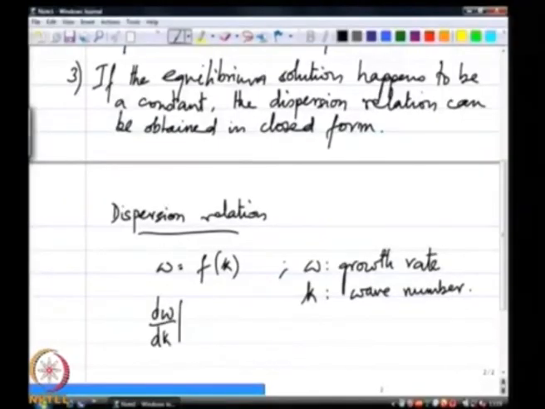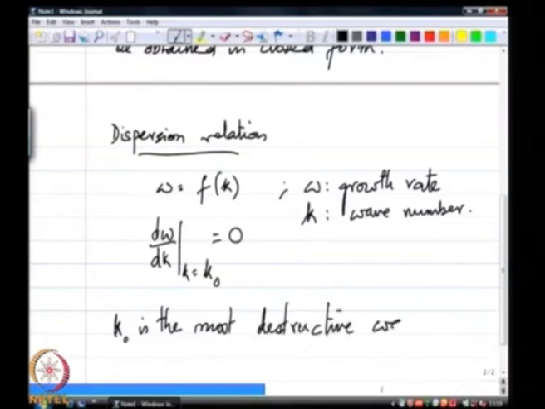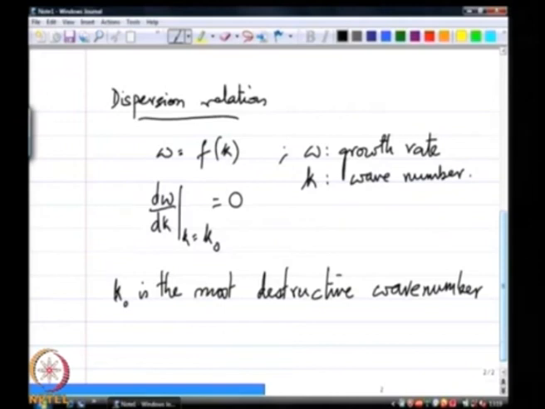Now, from this we can find one particular value, I will call this k 0. k 0 is what we would often call the most destructive wave number, which means that for a given disturbance of this wave number k 0, the corresponding growth rate omega 0 is the maximum of all the possible growth rates for all the other wave numbers.